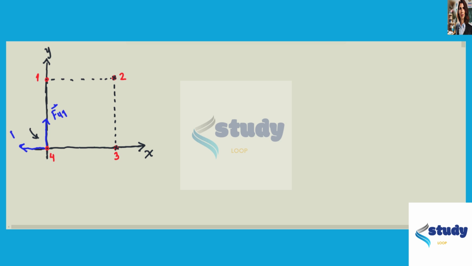So this is for 3, and the other one goes along the line that connects them, and this is also in the opposite direction because they have different current directions. So this is for 2.